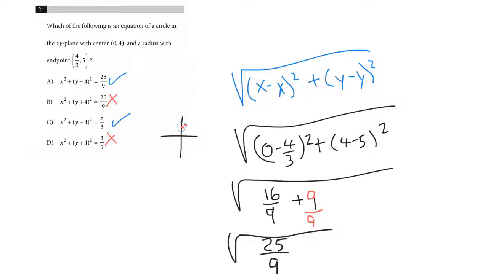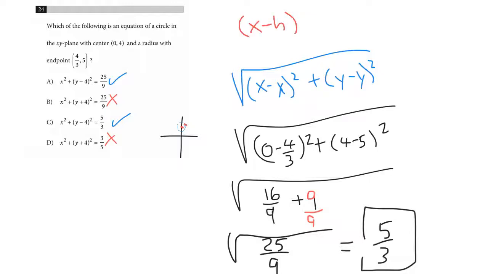So the radius is going to be 5 over 3. That is the radius. Now we want to be careful, because according to the equation of a circle, which says this, we want, on the right-hand side of the equal sign, the radius to be squared.